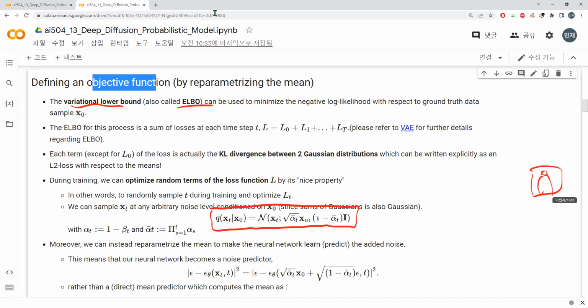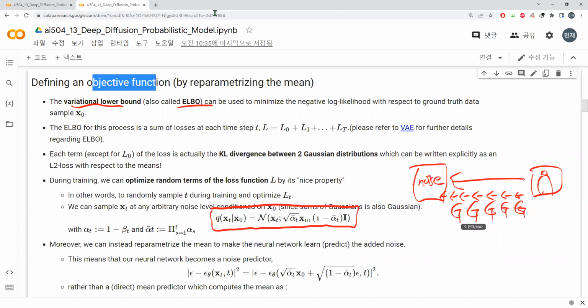There's a real image, and we forward it to, how can I say, total noise. All the steps in the forward diffusion process are done with a conditional Gaussian distribution, which is already Gaussian. So a sum of Gaussians results in a Gaussian.